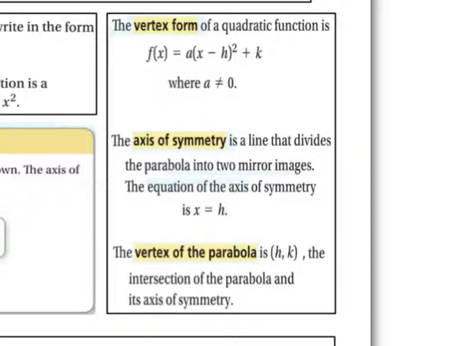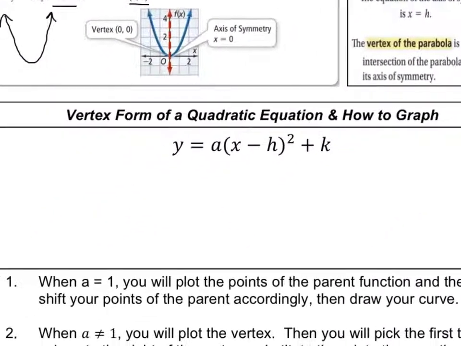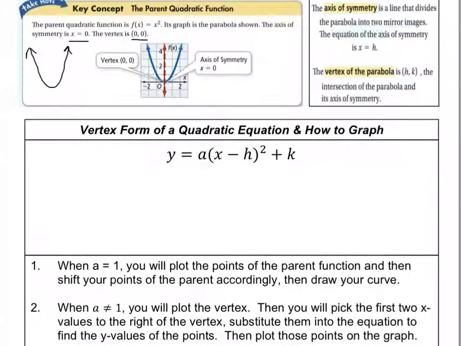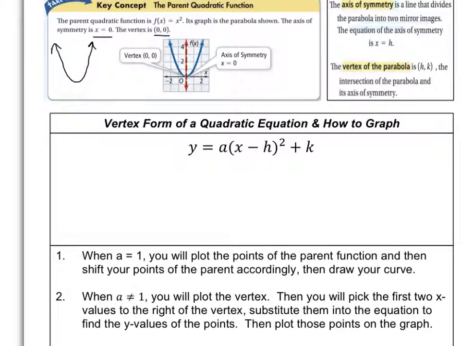Okay, so now let's take a look at this general form. y equals a times the quantity x minus h quantity squared plus k. And let's talk about the different movements of this graph. We're going to start with this guy right here, k, no different than before. This guy is going to move us up or down. h is going to move us left or right.